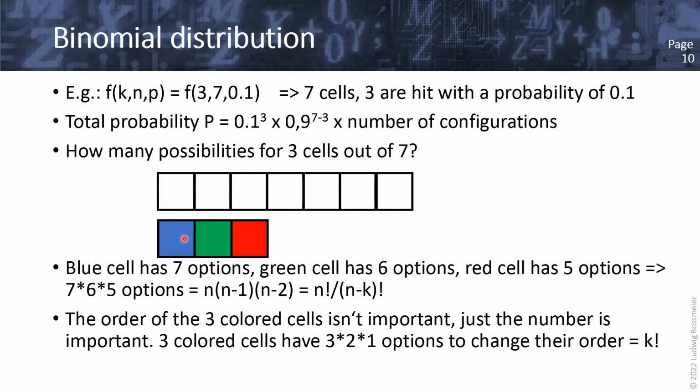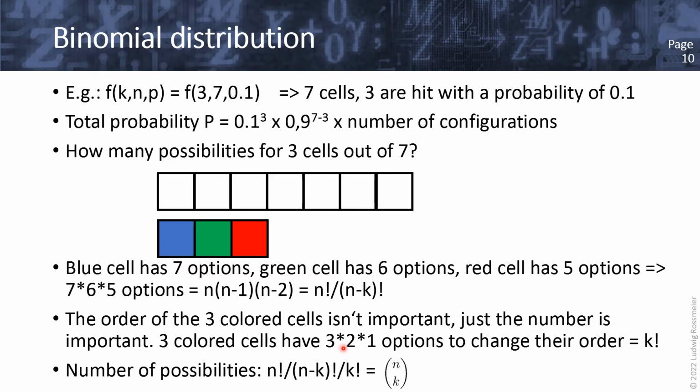And that means we have 3 times 2 times 1 options to change their order. If this is generalized, this is the factorial of k. Therefore, the number of possible configurations is n factorial over n minus k factorial, and again divided by the k factorial. And this is exactly the definition of the binomial coefficient n choose k.